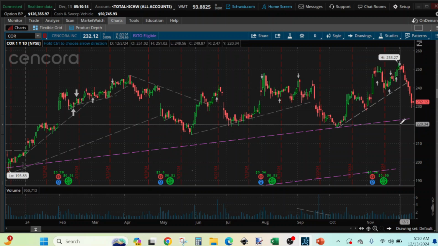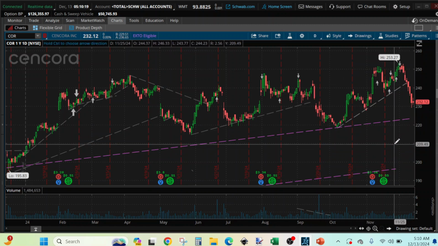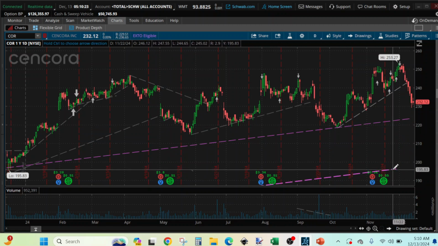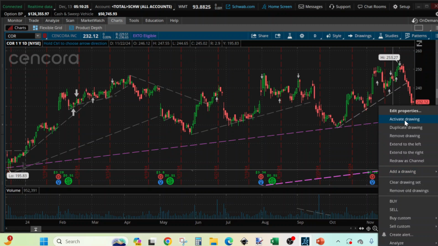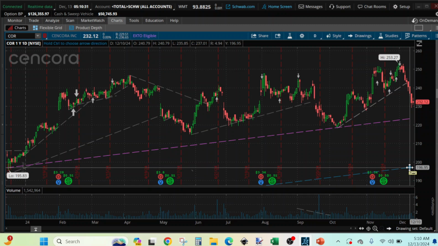So I only use Thinkorswim specifically for the chart analysis, and it's just a personal choice. They have the one you can download to your computer, and they have a mobile version as well, I believe, but I only use the one you can download to your computer, the stock one.